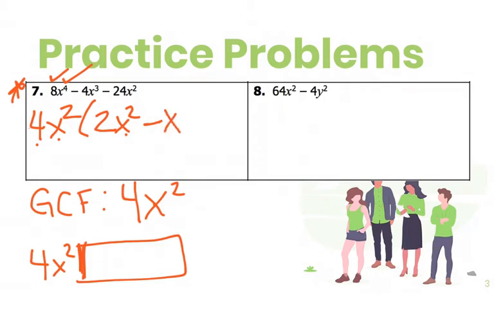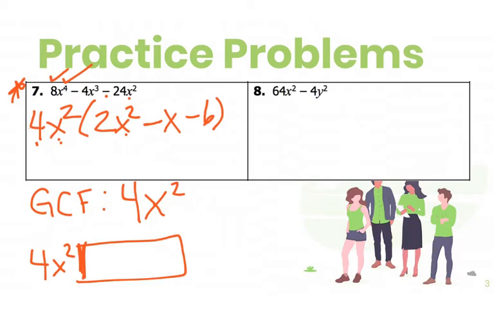Okay. And now let's see. 4 times 6, so I put minus 6. X squared, all I need is an x squared, so that's already there. Okay, cool. So I've factored using my GCF, my greatest common factor.